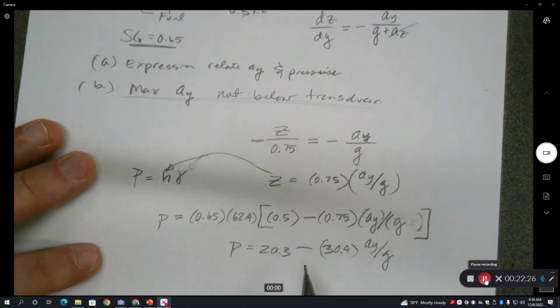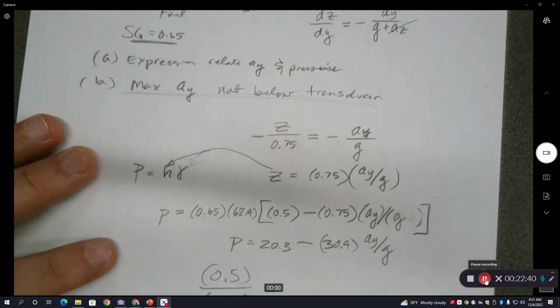So is it literally just plugging the Z in? Yeah, it really is. Yes. Oh, okay. So it simply comes like 0.5 divided by 0.75 is going to be equal to ay divided by 32.2. So I think this will come out to the right thing.